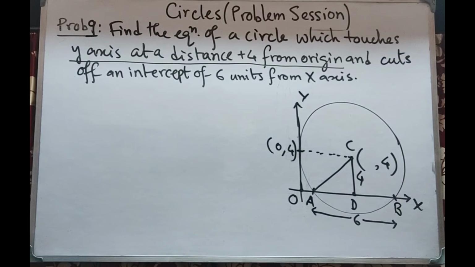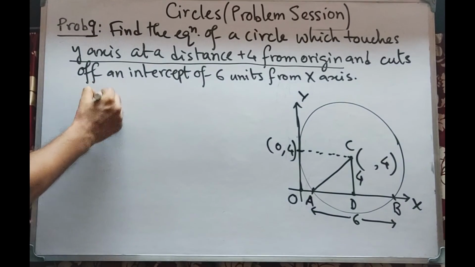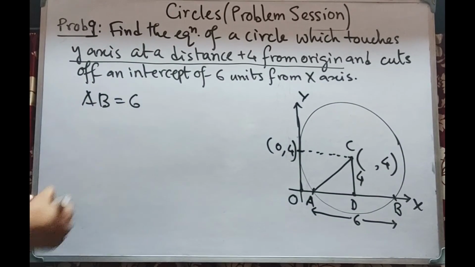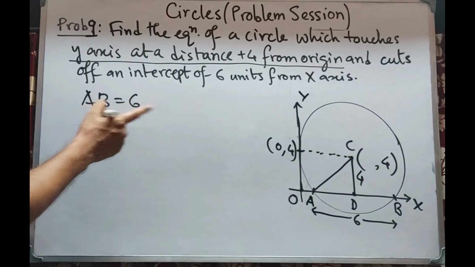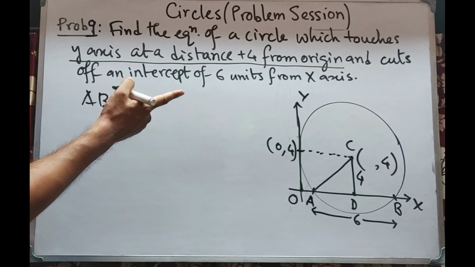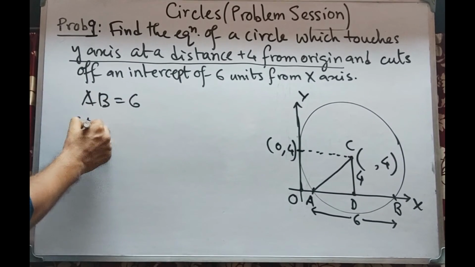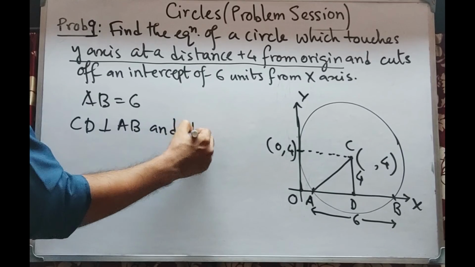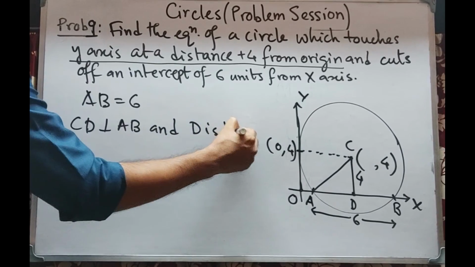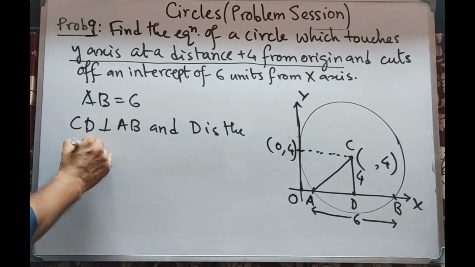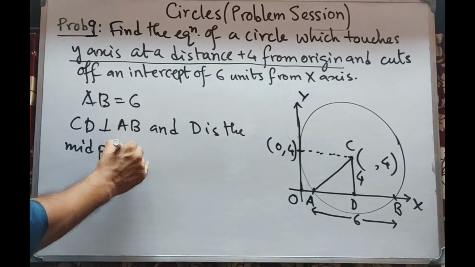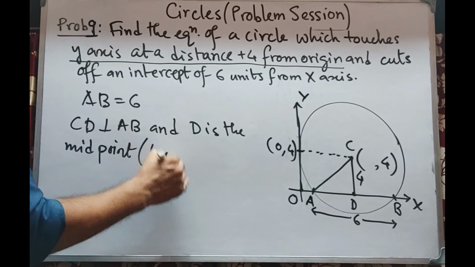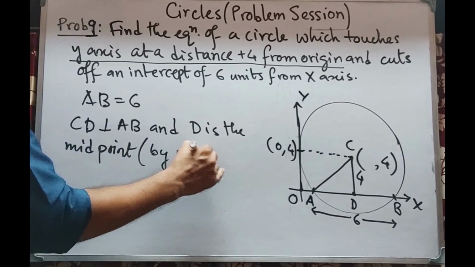Now you see that AB is 6 units. So since CD is perpendicular to AB and D is the midpoint, and this we can say by the property of circles.